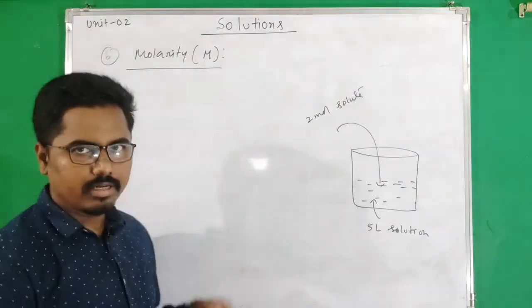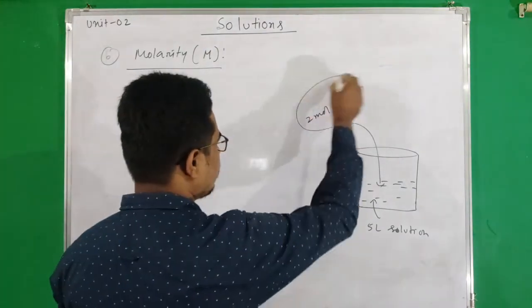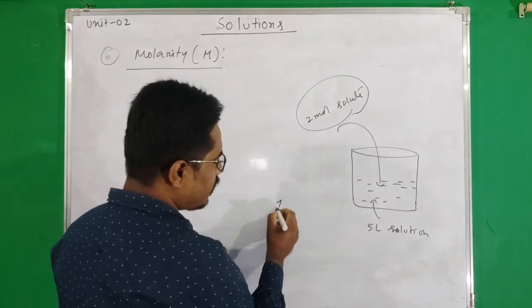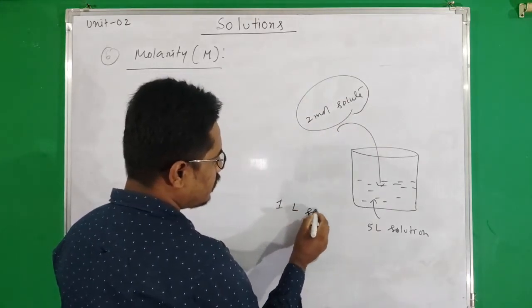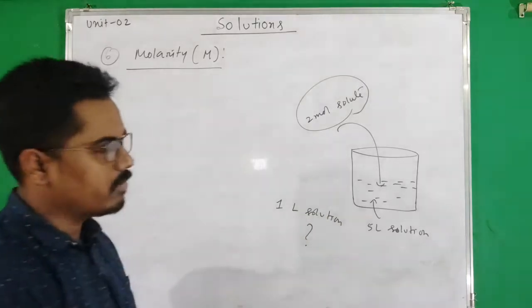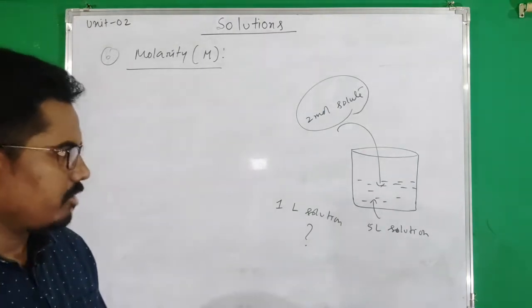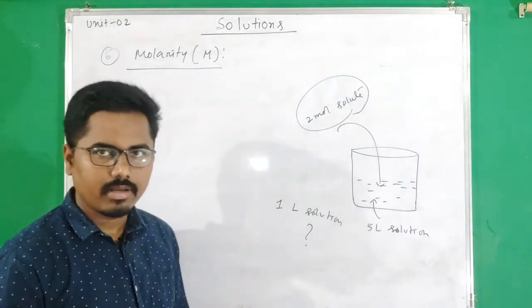Now, according to the definition of molarity, the number of moles of solute present in 1 liter of solution is known as the molarity of that solution. We can apply the unitary method to derive the formula.